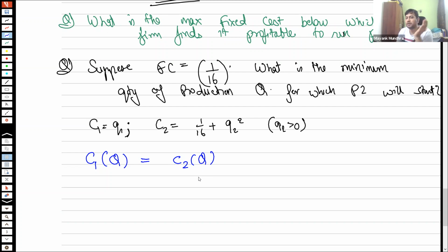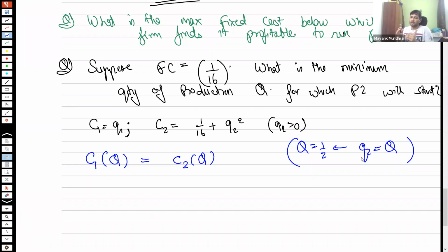We know that till quantity equals 1/2, if plant 2 is running, he will produce the entire quantity in plant 2. So my quantity is less than 1/2, but greater than 0. Somewhere in between, he decides to start the plant.